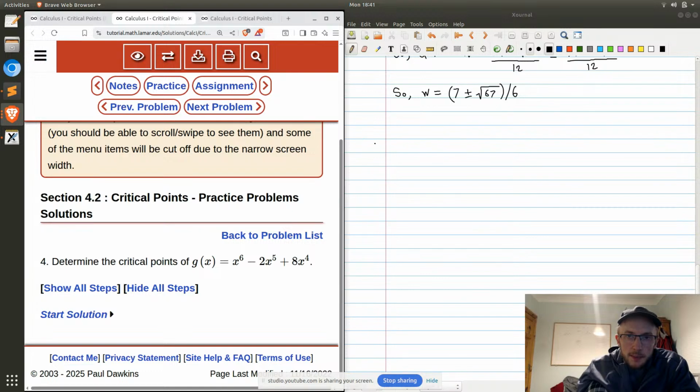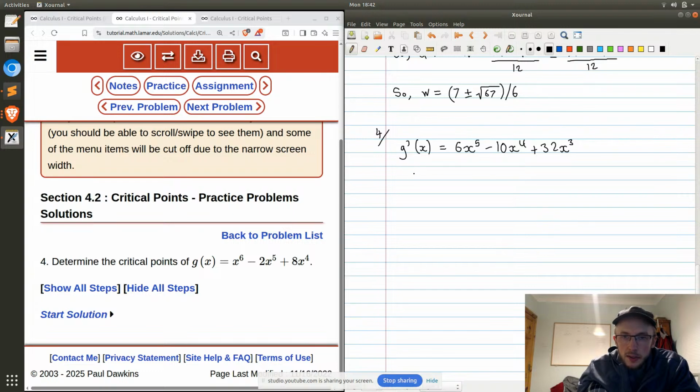Problem 4. Okay. Determine the critical points of g of x where g of x equals x to the 6 minus 2x to the 5 plus 8x to the 4. So g prime of x equals 6x to the 5 minus 10x to the 4 plus 32x cubed.